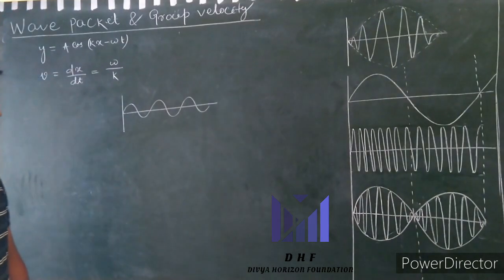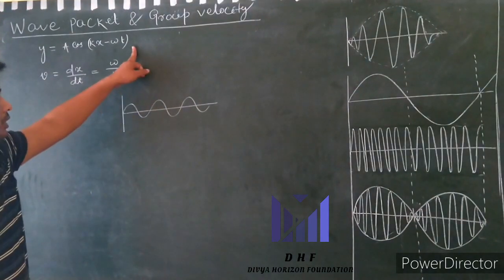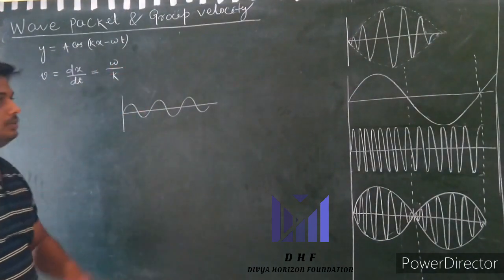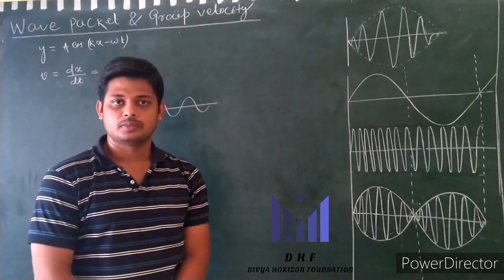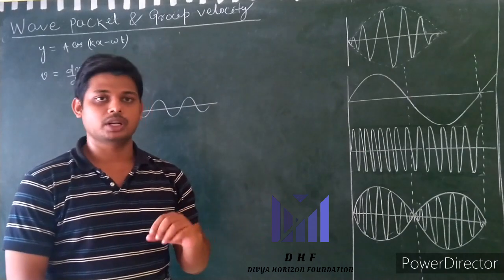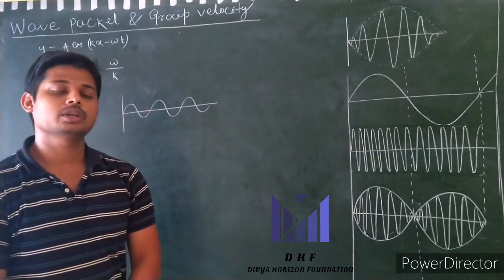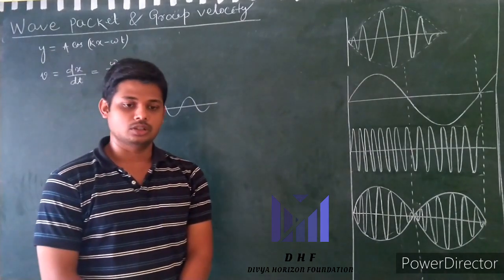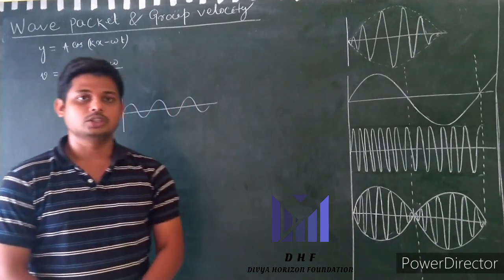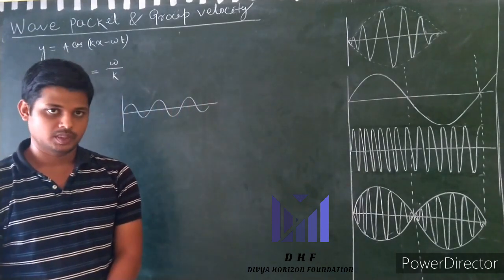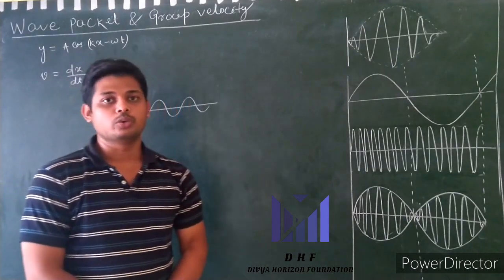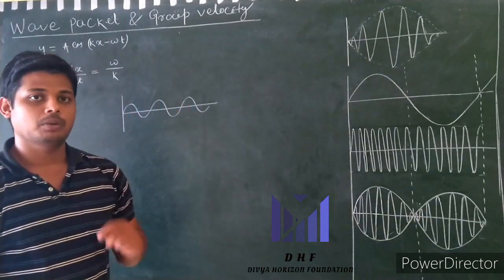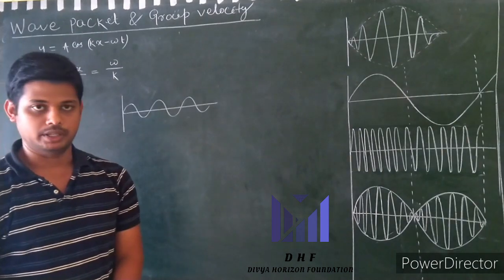This wave equation which is written here gives waves which extend from minus infinity to plus infinity, or we can say that their spread is in the whole of space. But practically, the waves we observe are not spread from minus infinity to plus infinity.